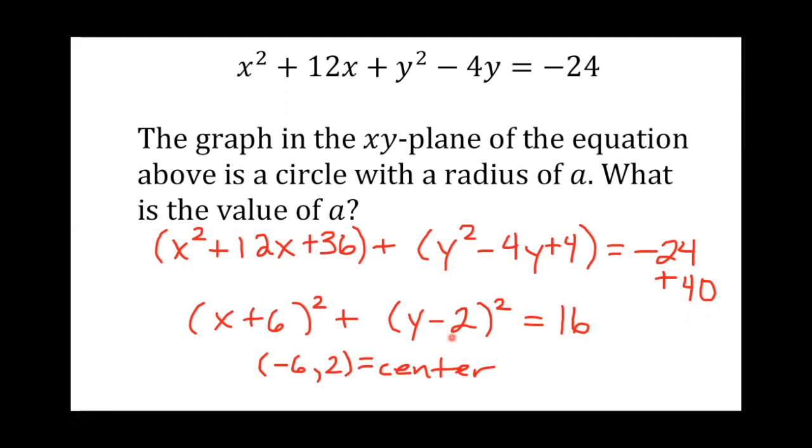The thing with the y gives us the y coordinate, but it's the opposite of what we see. The +6 gives us -6 for our x, -2 gives us 2 for the y. And then on the right side is r squared, meaning that if we take the square root of that number, we will get our radius, in this case 4, and the answer to this question is 4.